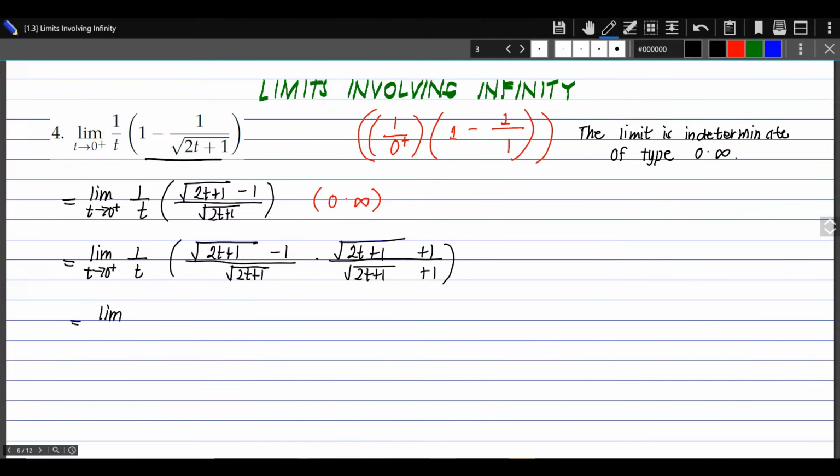Multiplying, we have the limit of 1 over t times the numerator becomes 2t plus 1 minus 1 all over the denominator, the square root of 2t plus 1 plus the square root of 2t plus 1. So the numerator simplifies to 2t only, and we have this expression.